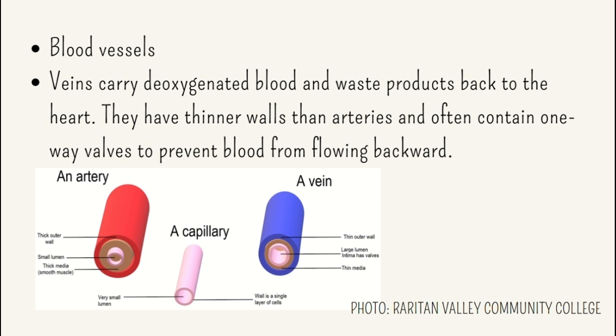Now in the vein, this blood is going back to the heart, right? So you cannot have the blood just rushing into the heart just like that. Remember, I said the heart is an organ. When the blood was leaving, it was fine. You can have the pressure of the blood go as fast as you want, because it goes to the organs, to the tissues in the body. But the heart is just a small little structure.